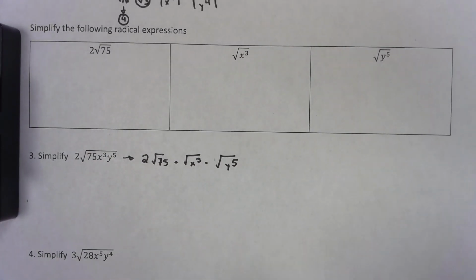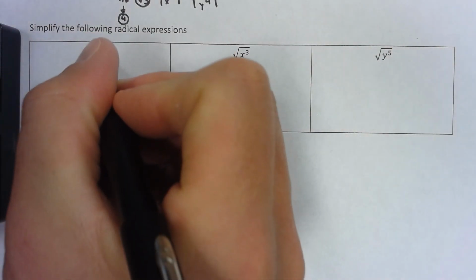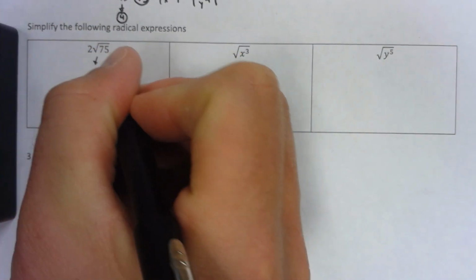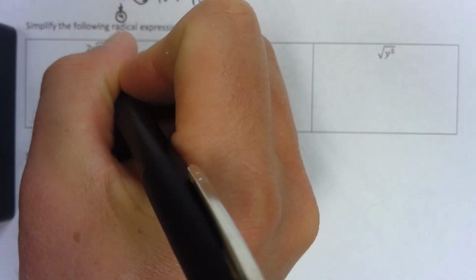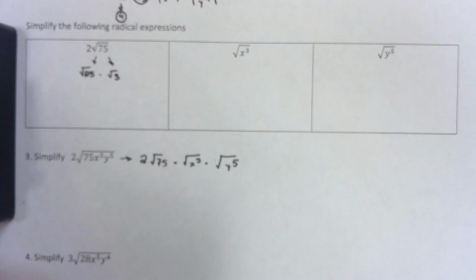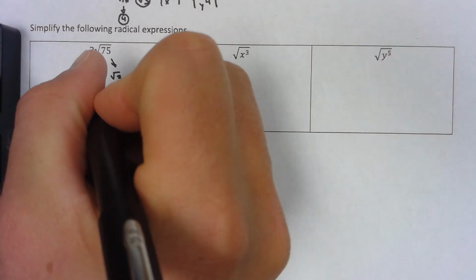And let's start with the 2 times the square root of 75. With root 75, I'm looking for the largest perfect square that divides 75. That is 25. So I'm going to factor 75 to be 25 and 3. 25 times 3 is 75. I'm still taking the square root of both of those terms. The square root of 25 is 5.